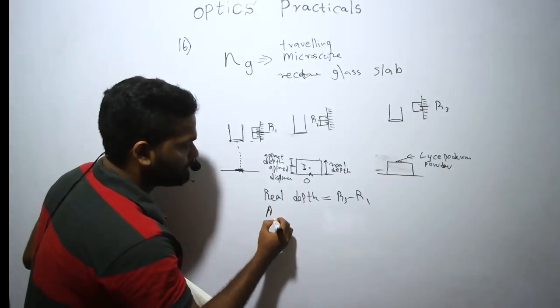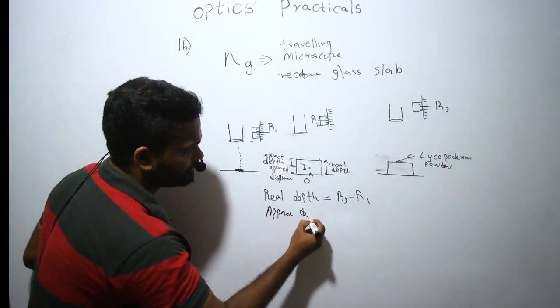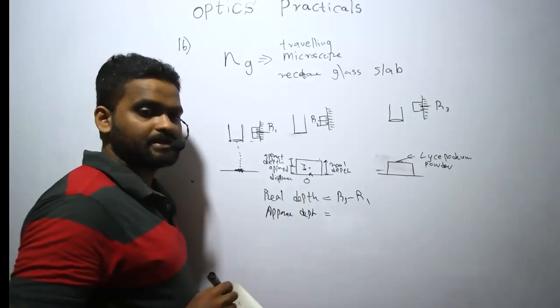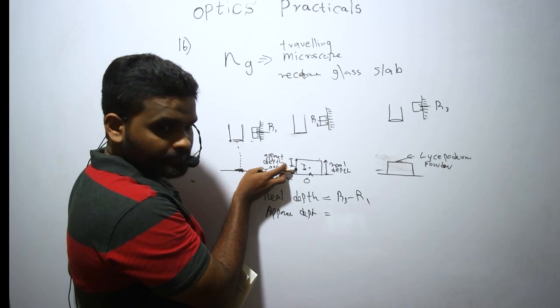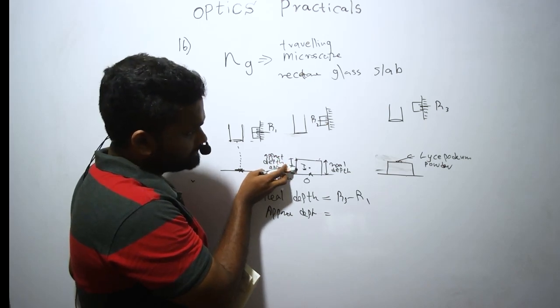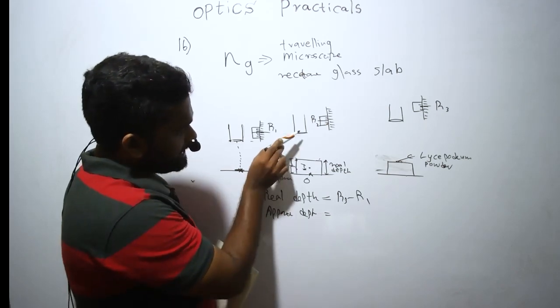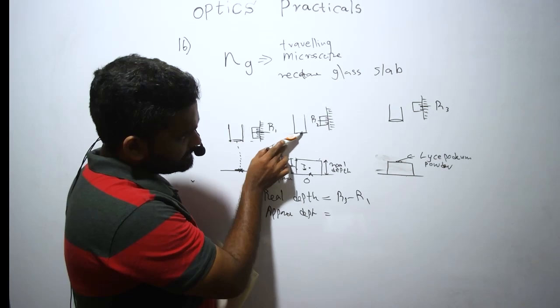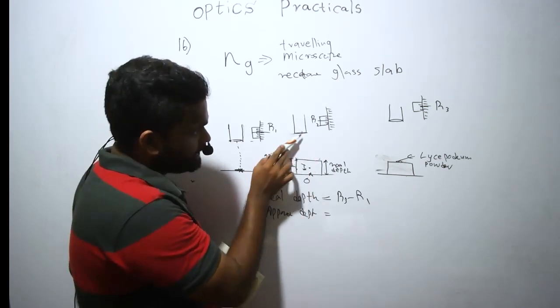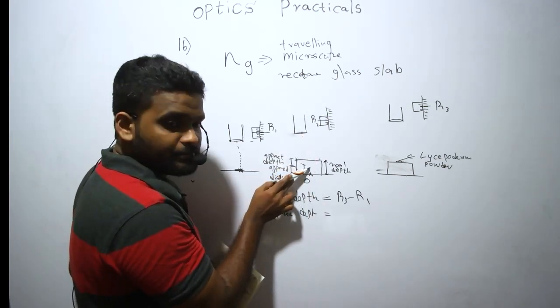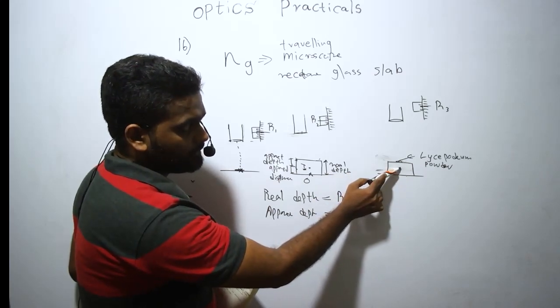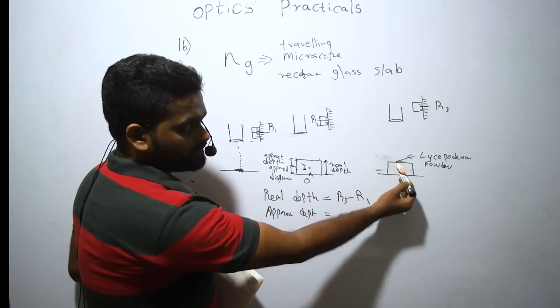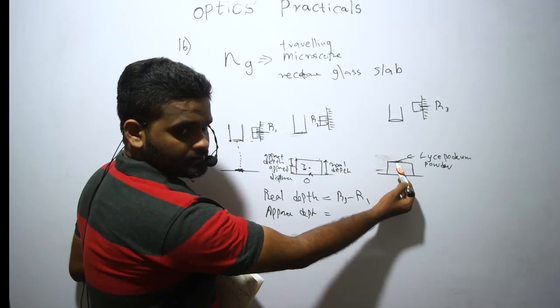Then we need apparent depth. So what is the apparent depth? This much is the apparent depth. Okay, so how do we find that? Here, microscope is focused to the image. Here it is focused to the top of the glass slab.